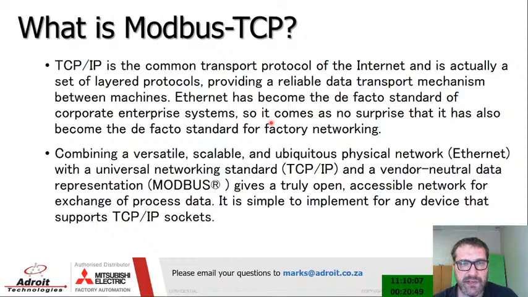So combining a versatile, scalable and ubiquitous physical network with a universal networking standard, TCP/IP, and a vendor-neutral data representation gives a truly open, accessible network for the exchange of process data. It is simple to implement for any device that supports TCP/IP sockets. Okay.